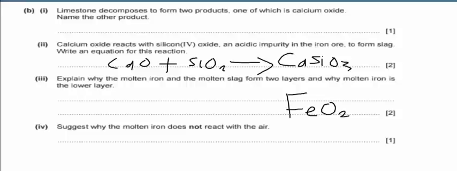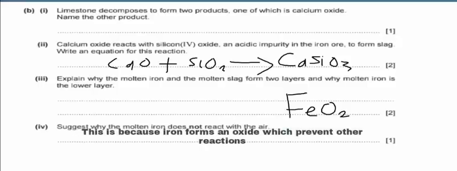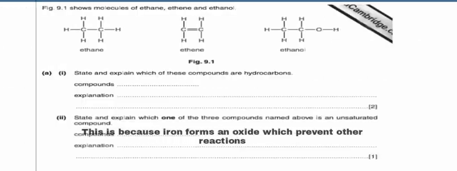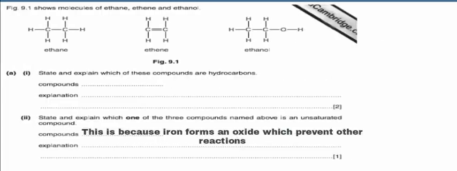That one is going to stop other reactions. So we are going to say this is because molten iron forms iron oxide, which is unreactive, or that one prevents iron from reacting with other elements, or prevents it from reacting with air. So that's the answer.